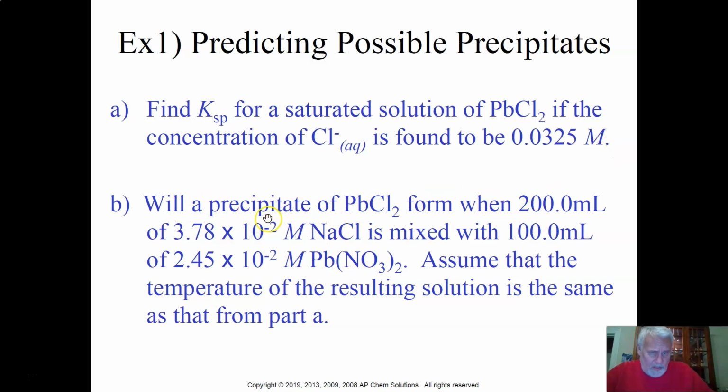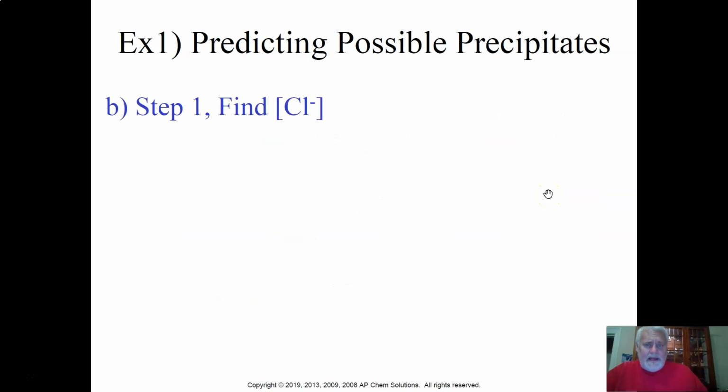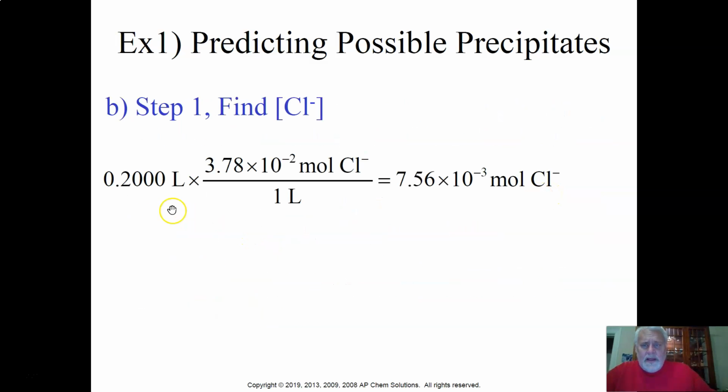Now, once we add this new thing to the mix, it says, will a precipitate of lead chloride form when you add these two solutions? So you've got a new volume to account for. We don't just have the one ion in 1 liter, so you've got to do some crunching here.